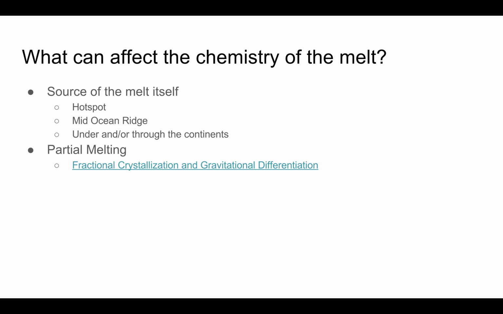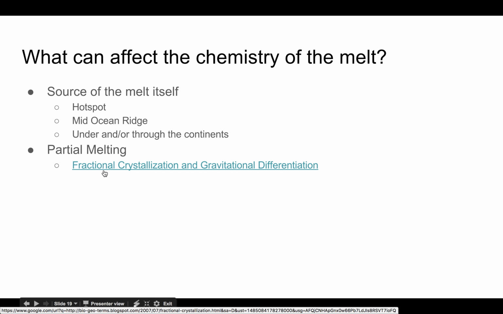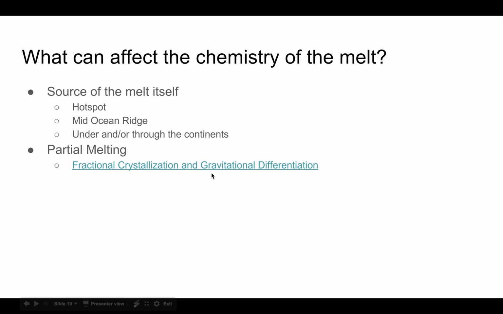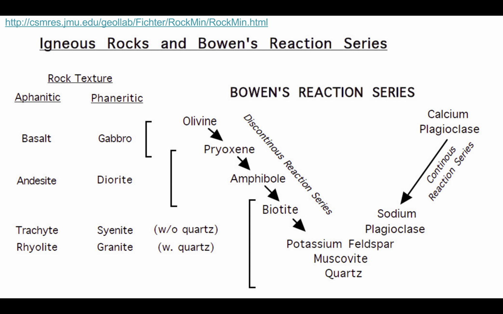Another aspect is fractional crystallization. This should be a bullet point all on its own, so I'll fix that. Fractional crystallization and gravitational differentiation mean what we've been talking about in lab: according to Bowen's reaction series, some minerals will crystallize first.